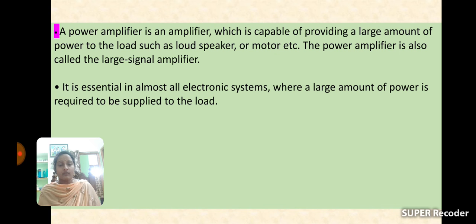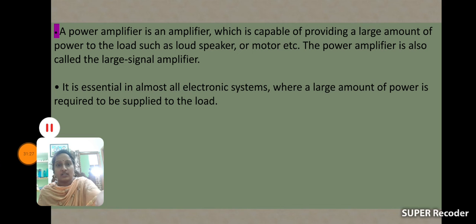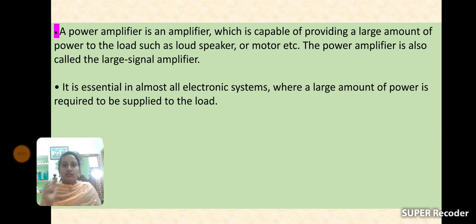The power amplifier is also called a large signal amplifier. And it is essential in almost all electronic systems where a large amount of power is required to be supplied to the load.